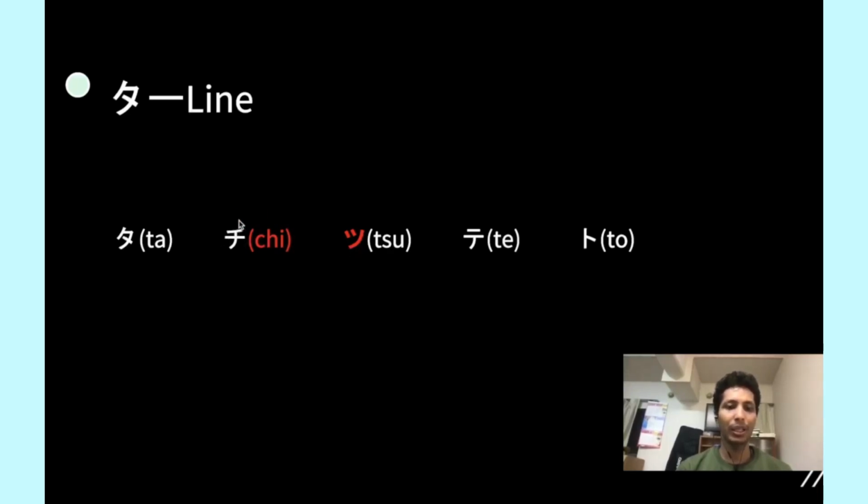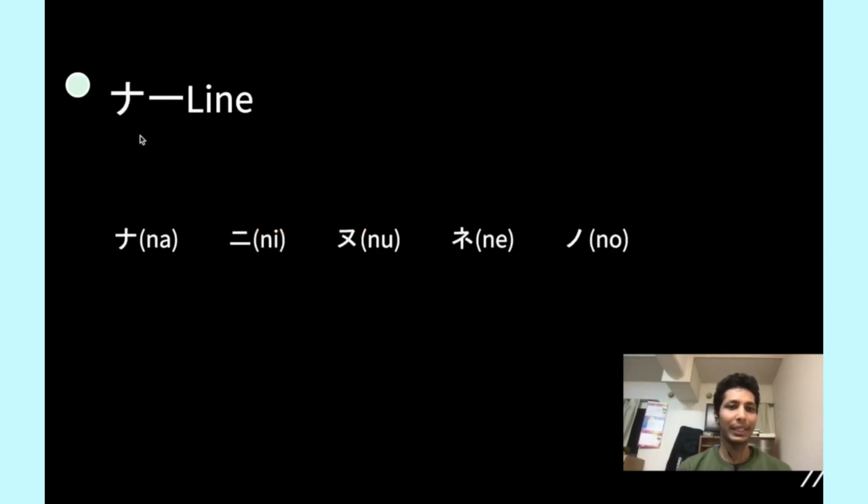Earlier we learned in hiragana that chi and tsu are different, and they are also different in the katakana writing system. So this is ta, immediately this is chi, and then tsu, te, and to.